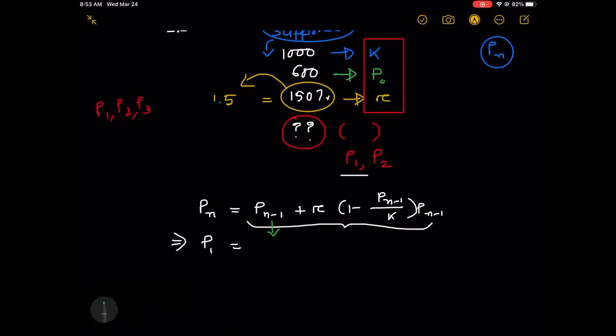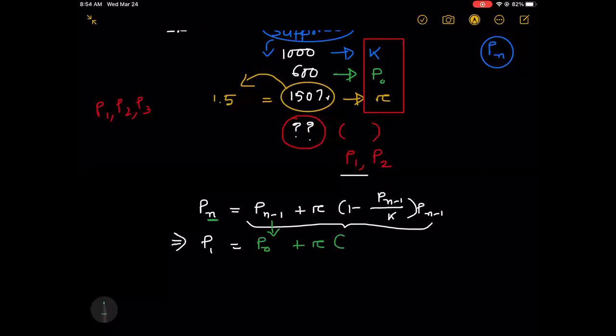If you want to denote it with P, what should be the notation? P0, because we have n equals 1. So Pn minus 1 would be P1 minus 1, it's 0, right?